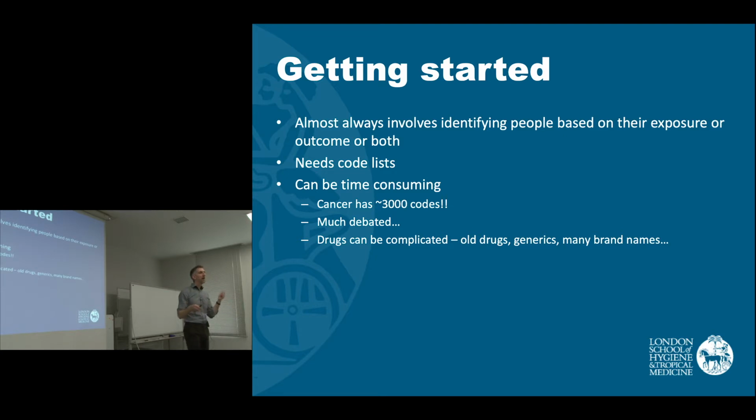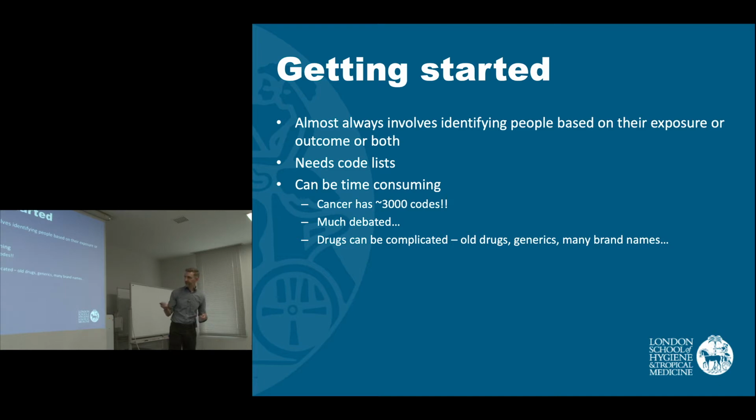So it means that if I want to identify cancer using the CPRD, I'll need to develop a really detailed code list that potentially captures every kind of cancer that could be recorded. And so, for example, if you take breast cancer, there will be many ways that the GP could record that a woman has breast cancer.